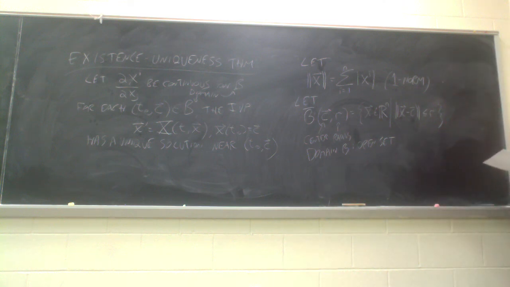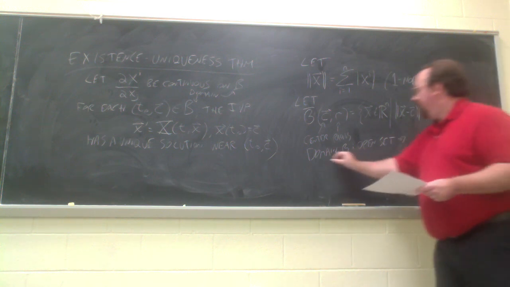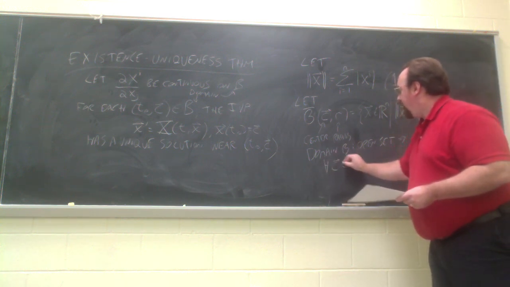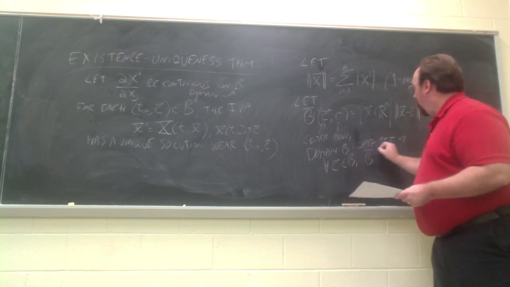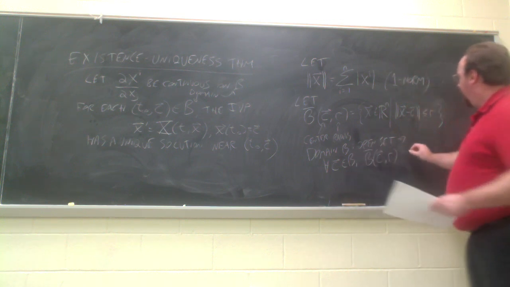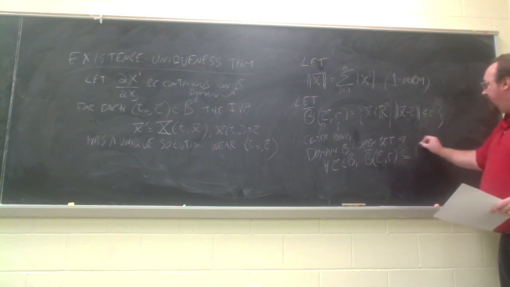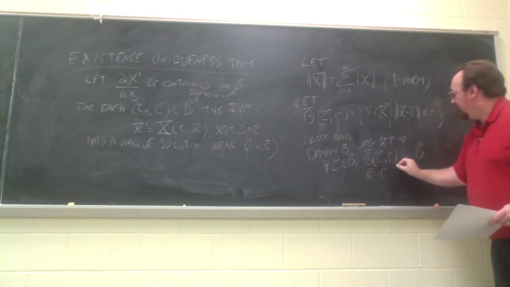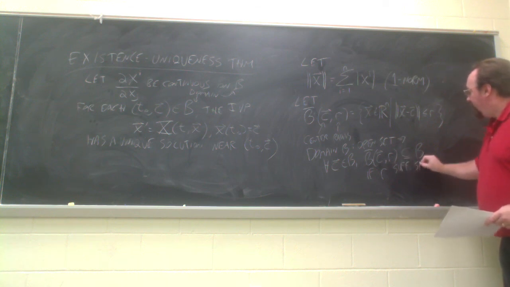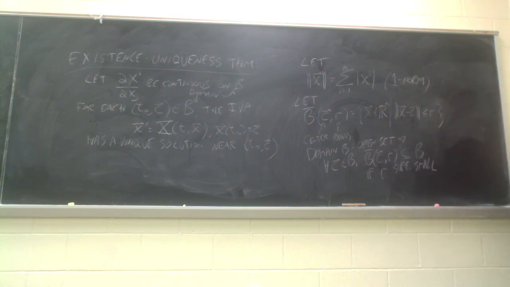And what that gives me is that for any C in the domain, the ball centered at C and a radius r is actually contained in B if r is sufficiently small, because I need to stay within this domain, B, because that's where the vector field big X is defined. So I don't have to worry about that. So as long as I choose r small enough, I know my domain is going to be included in B. Okay.